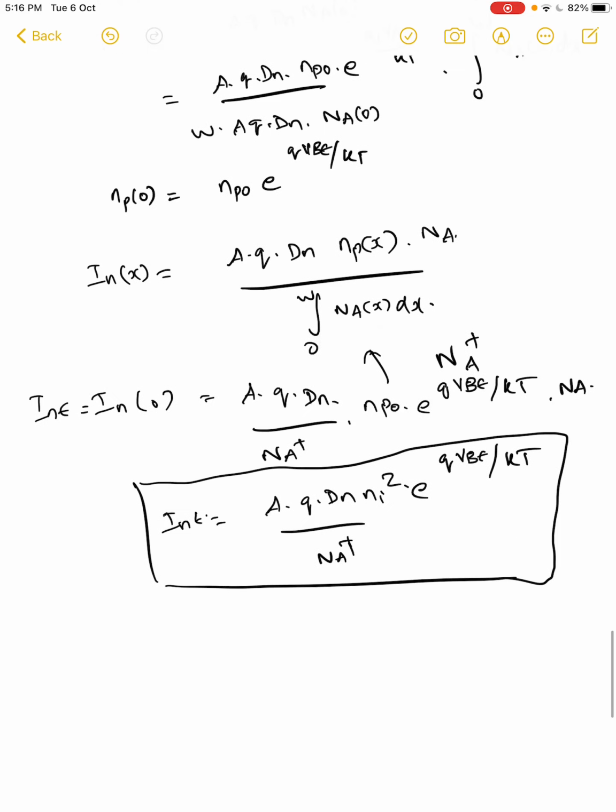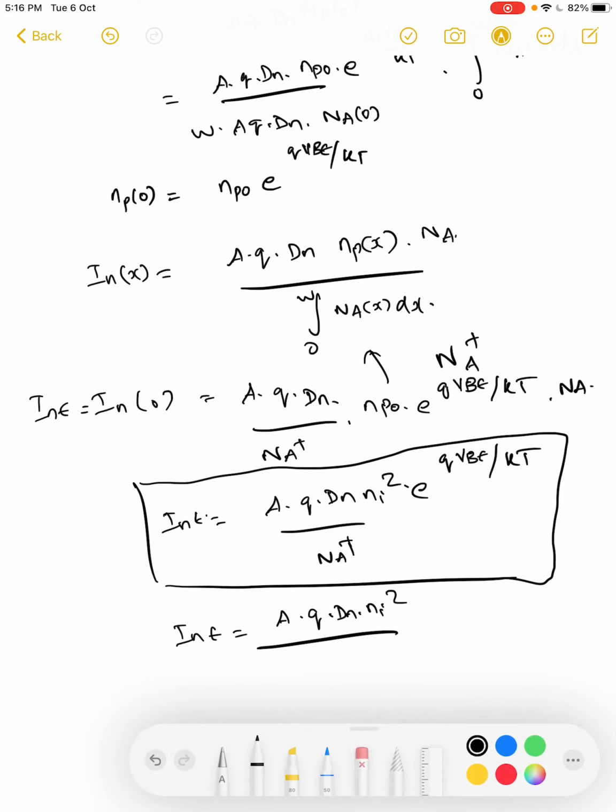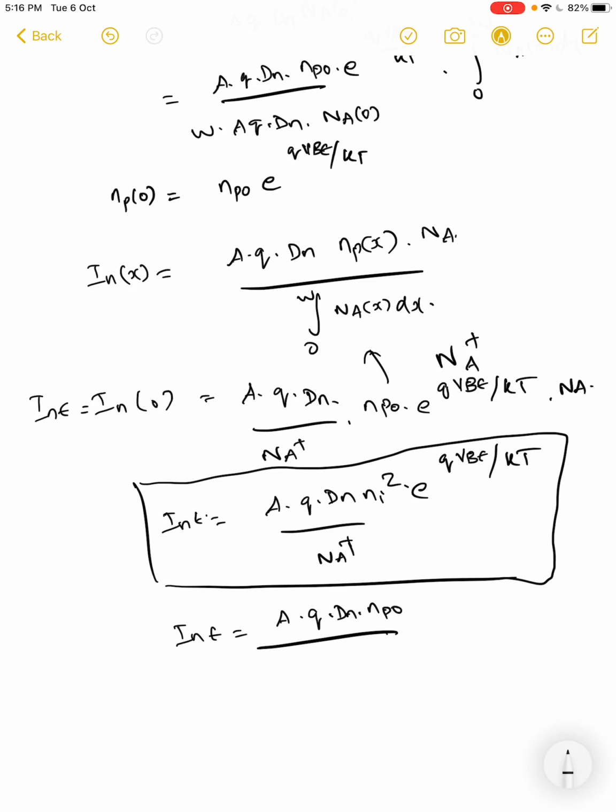And you can compare this with our previous expression for the emitter current in the case where you have a flat doping density in the base, which is A q Dn Np0/W e^(qVBE/kT), and Np0 is ni^2/Na.